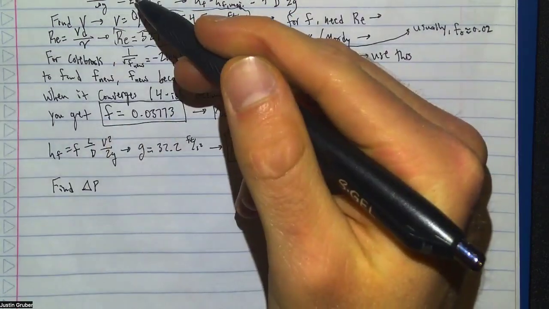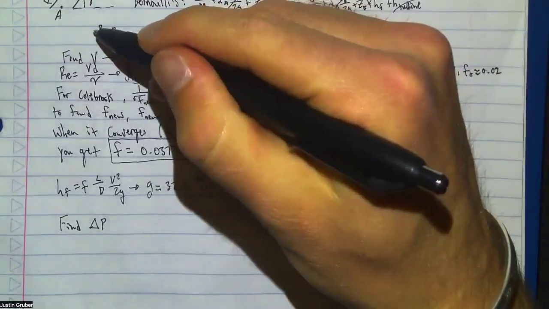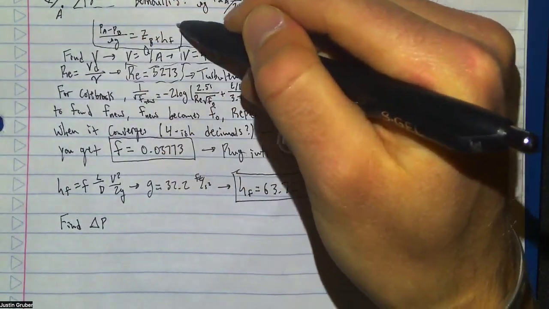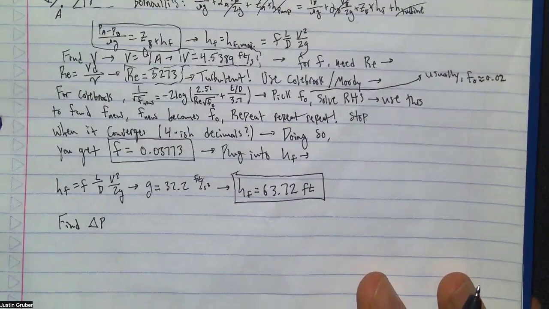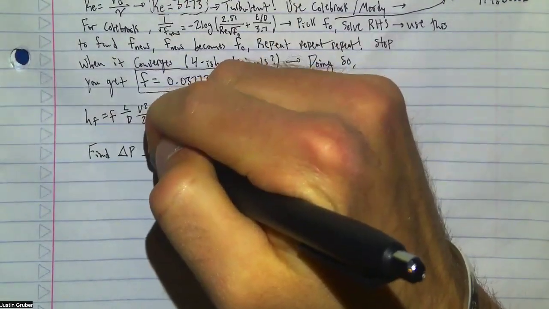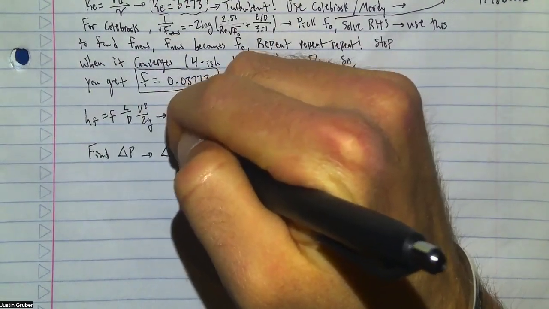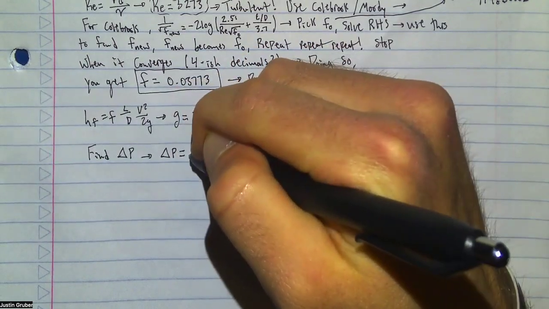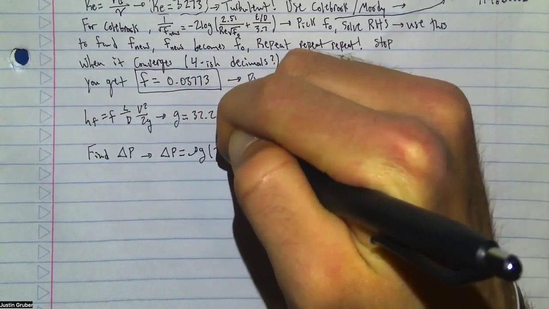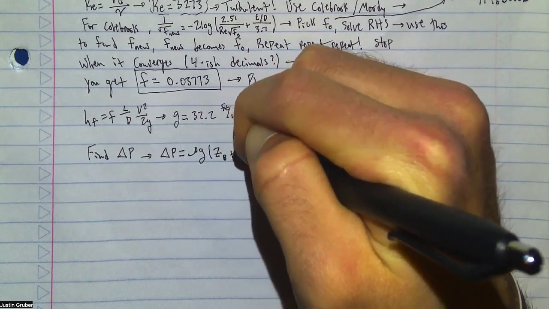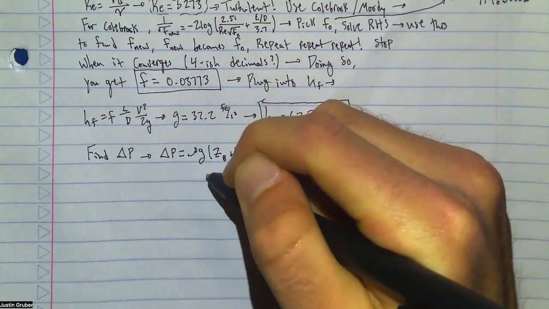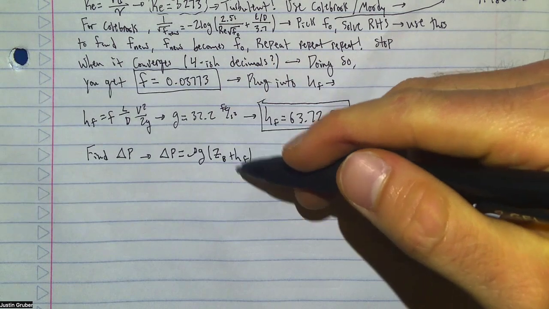Well, from up here, we've got this equation. This P_A minus P, that is our delta P. So we can say delta P equals rho g times (Z_B plus H_F). We know rho and g, and we know our Z_B, or we know our H_F.